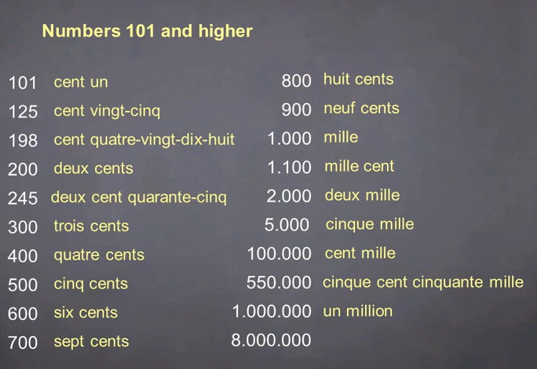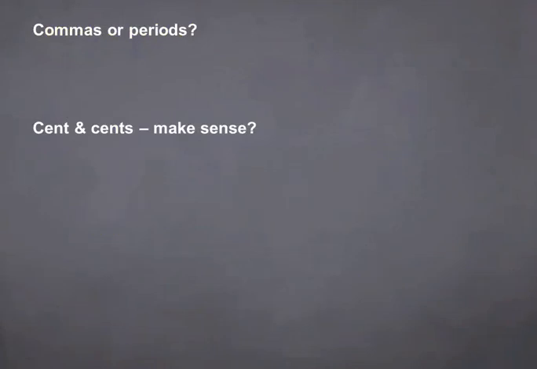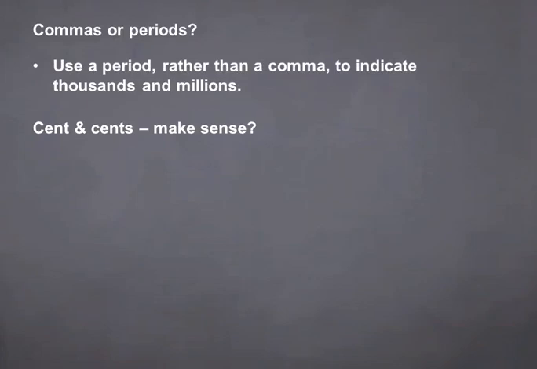You see what I was talking about there? And then 8 million. These are numbers that you need to take down. Of course, all of the numbers between them should be ones you could come up with on your own based on this. We already talked about commas or periods. Make sure that you have in your notes that you will use a period rather than a comma to indicate thousands and millions.